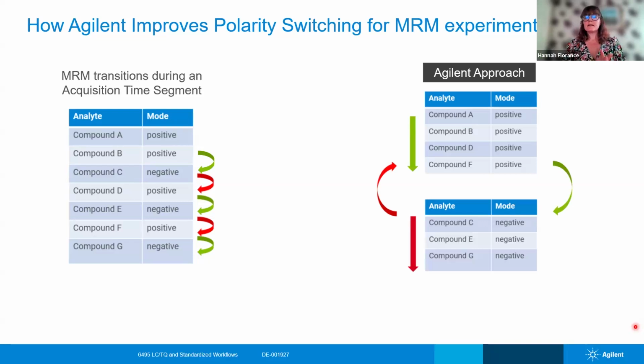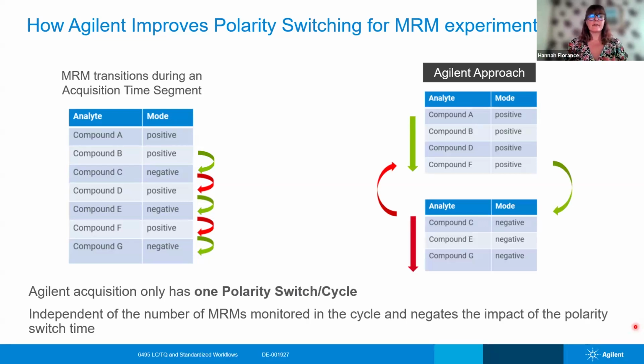So in each scan, you will only get one polarity switching cycle. The other clever thing that the software does is it orders these by mass, and scans from high to low, because that is the fastest way of doing it. So here, you're really minimizing your switching time, and it doesn't impact negatively on your samples.